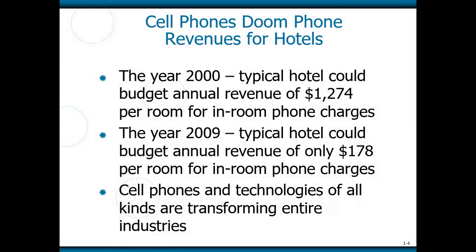As we said, in the year 2000, a typical hotel could budget an annual revenue of $1,274 per room from phone calls. In the year 2009, a typical hotel could budget an annual revenue of only $178. So that is a 90% reduction, and cell phone technology is transforming an entire industry.